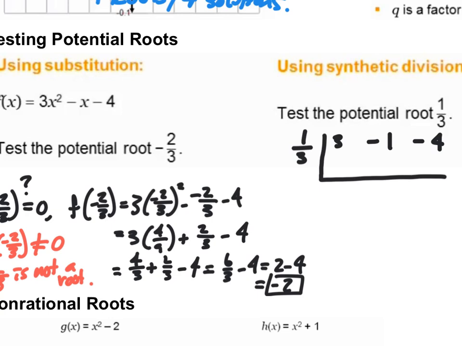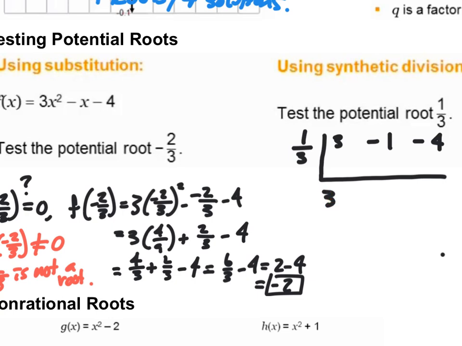And the question is, do I get a remainder of 0? Same thing. I'm going to drop down my 3. I'm going to take 3 and multiply it by 1/3, and that's going to give me a value of 1.